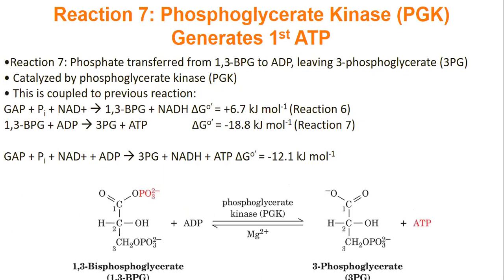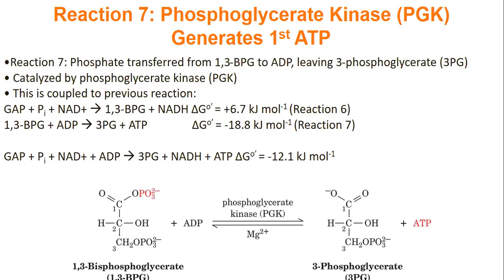All right, reaction 7. We're going to make ATP. Finally, after 7 reactions, after spending 2 ATPs, we get an ATP out. Granted, in the last reaction, we made NADH. That's going to be important when it comes to oxidative phosphorylation.